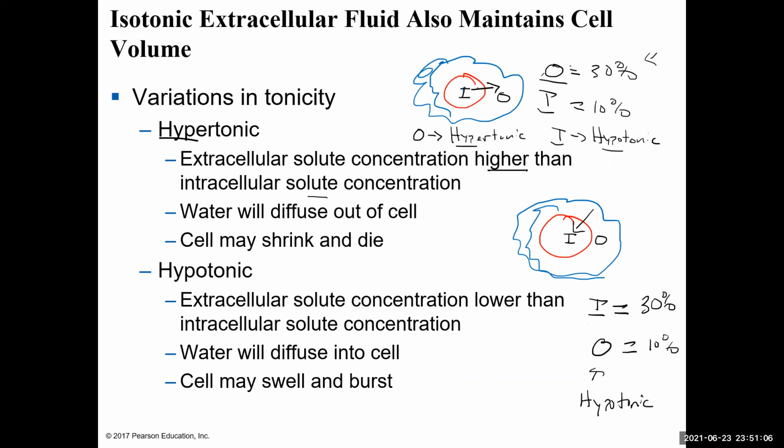So that means in the bottom example here, then, the outer is hypo and the inner is hyper. Okay. And so it's always relative to one another, and it's based off of that salt concentration. And so in this top example, because the cell is losing water, it could shrink and die. In this bottom example, because the cell is taking in a lot of water, it could swell or burst or undergo that cell lysis.